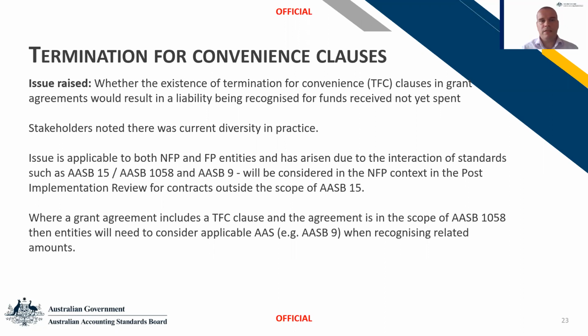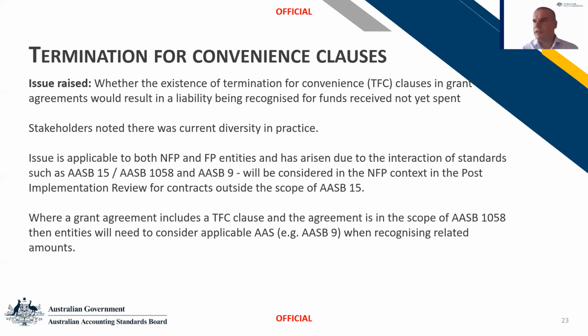and the board did not make a decision because, in line with the due process framework, that question would need to be referred to the IFRS Interpretations Committee, because it does impact the for-profit sector as well.